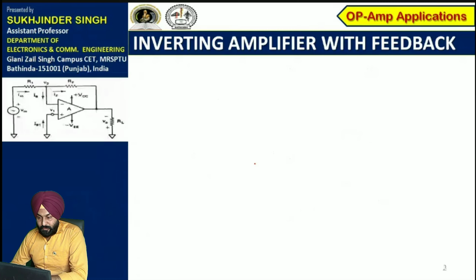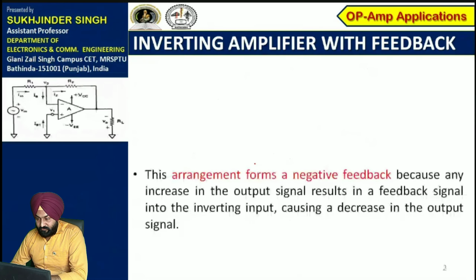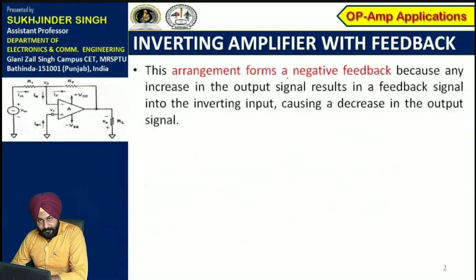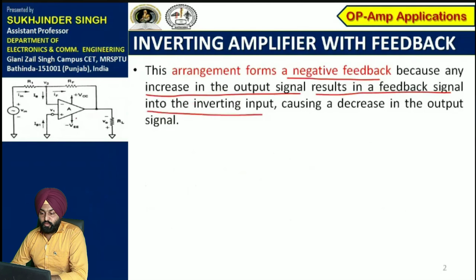So in this arrangement, the negative feedback is there because any increase in the output signal results in a feedback signal to the inverting input. If there is any increase in the output signal, then there will be a feedback to its inverting terminal.